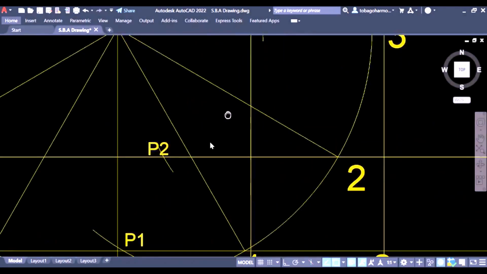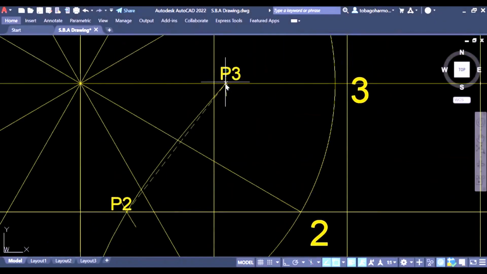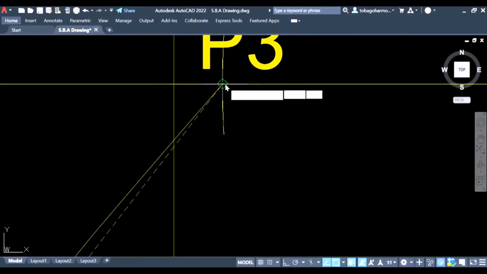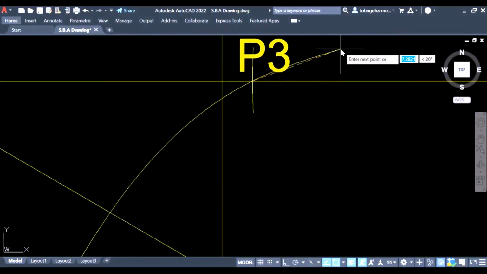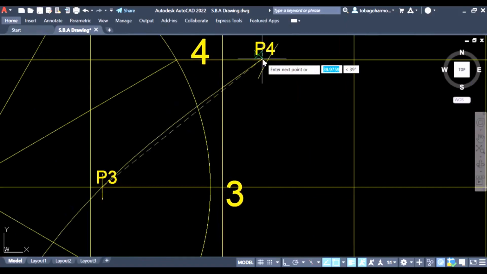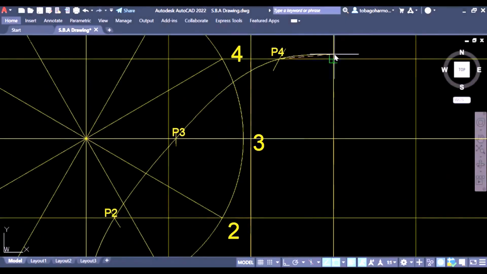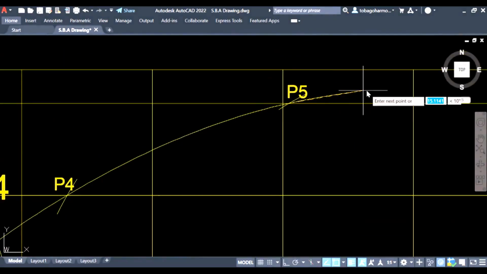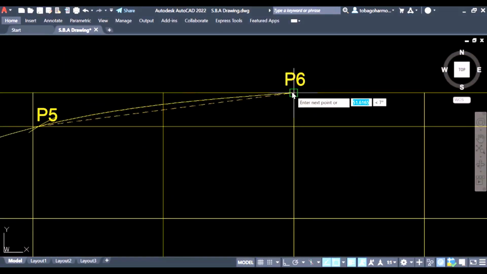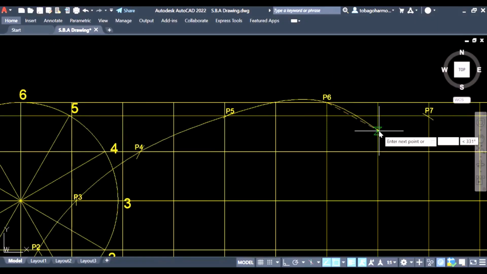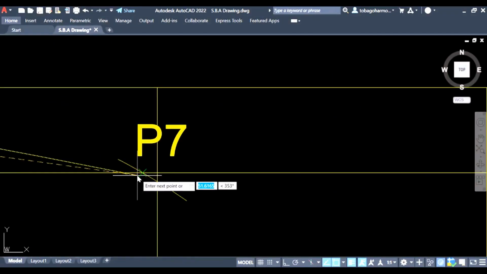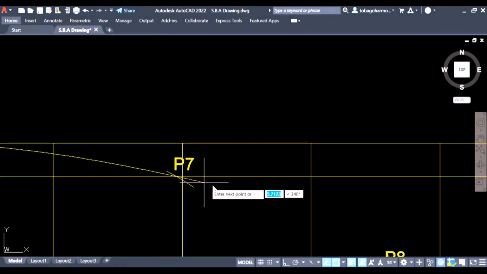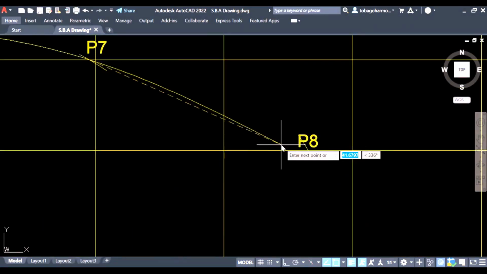If you are doing it manually, then you can use your French curves, or you can just do it freehand if you are skillful enough. So the objective here is to get through all the points, all the P points. So P1 to 6, and now we are coming back down on the other side, P7 to 12.